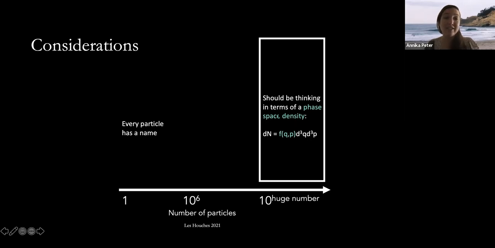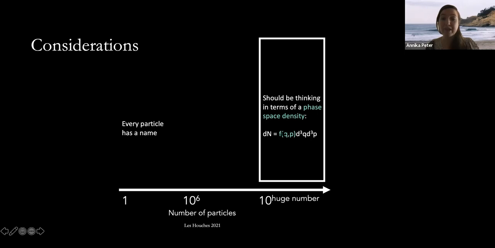And typically in this case, we're talking about a whole bunch of indistinguishable particles. And when you're really in this huge number limit, it makes a lot more sense to talk about the phase space density of particles rather than giving each particle a name and following it through space. You really should be thinking about the system as an ensemble.